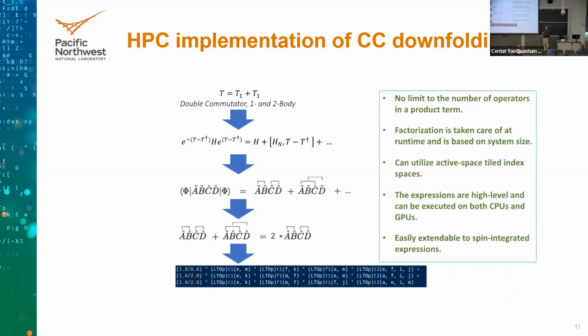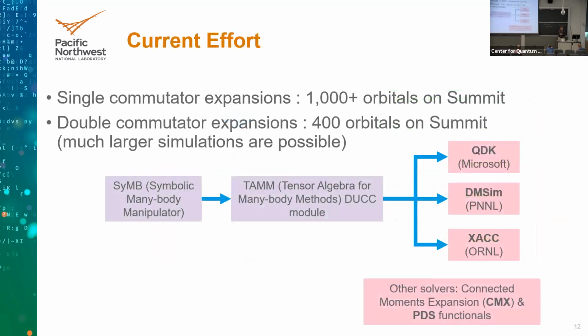In effect we can translate it into parallel codes, which have a lot of flexibility. We can go beyond binary contractions, we can do multiple commutators, and we can take advantage of the Summit system at Oak Ridge, hopefully Aurora pretty soon. This is the current effort.